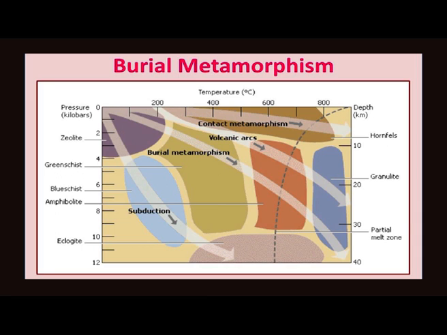Therefore, the original fabric of the rock may be largely preserved, while mineralogical composition is changed. Burial metamorphism overlaps to some extent with diagenesis and grades into regional metamorphism as temperature and pressure increase.